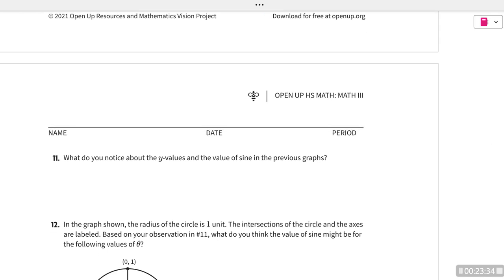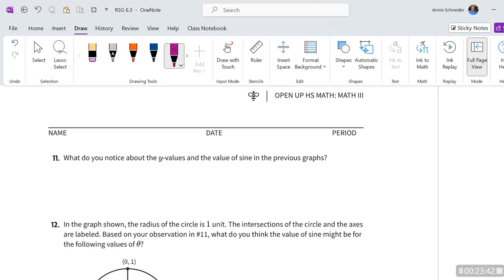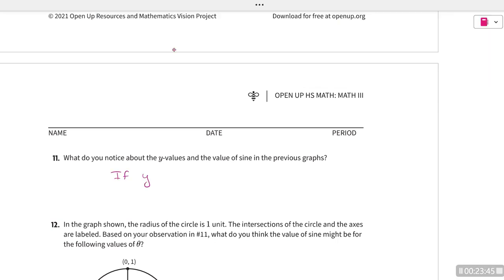Okay, question 11. What do you notice about the y values and the values of sine in the previous graphs? Well, here the relationship is if y is positive, so is the sine value.